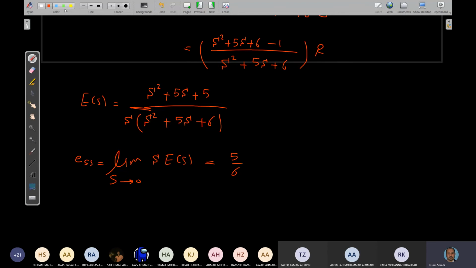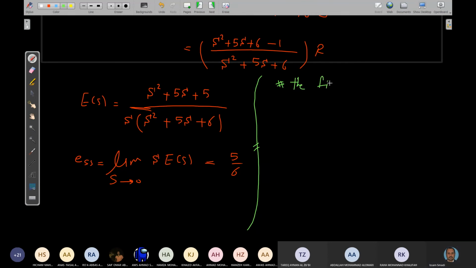But simply, you should understand that the final value theorem must be used if and only if the function that I'm evaluating has no positive root or no repeated j omega roots.